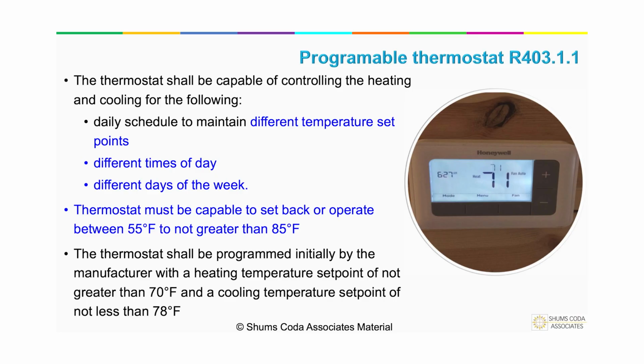Now, having a thermostat, it now has to do a lot of really fun things. It's not all that outside of the realm of things, but now it's got to be able to maintain a daily schedule, and that daily schedule has to have different temperature set points. It has to have the capability that it has different times of day, right?